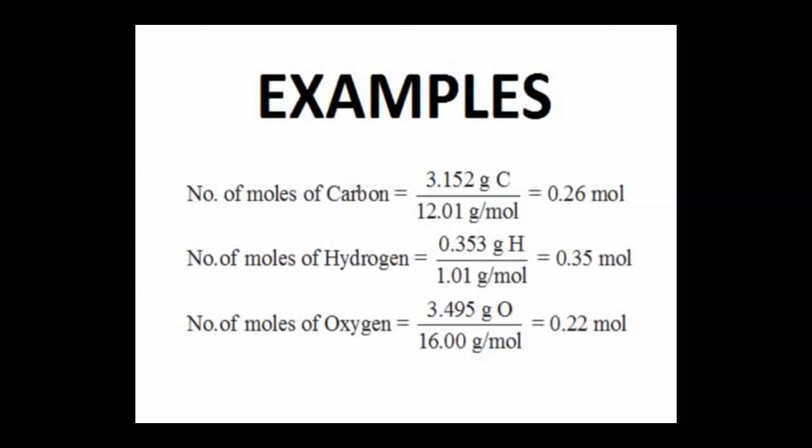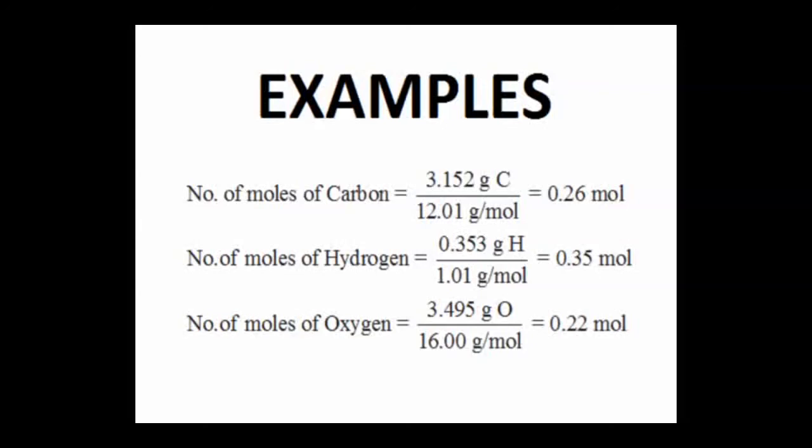In example 2, number of moles of hydrogen. For example, if you are given 0.353 grams of hydrogen, how will you find number of moles? You know that the molar mass for hydrogen is 1.01. So you put these values in the formula.